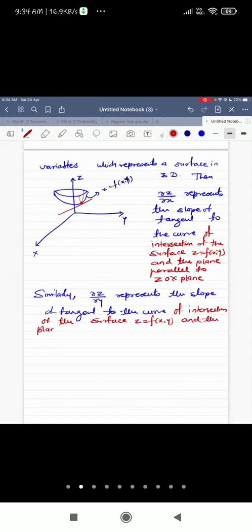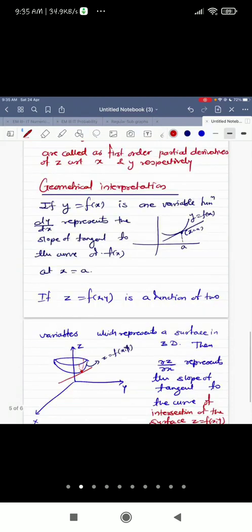Can anybody tell me which plane? Parallel to the ZOY plane. Okay. So this is the theory regarding the interpretation.